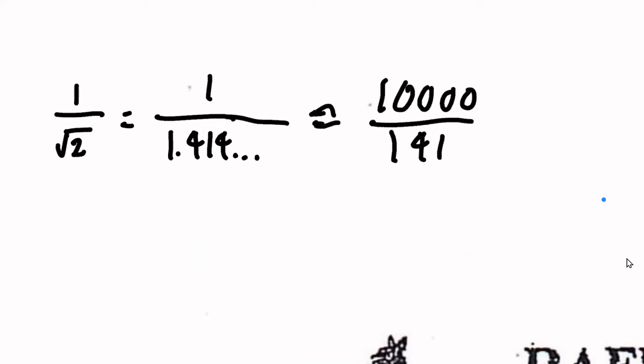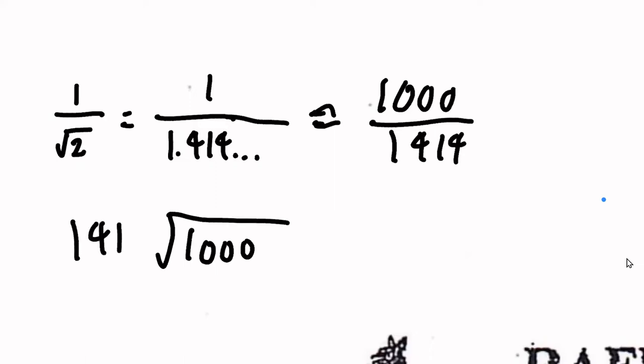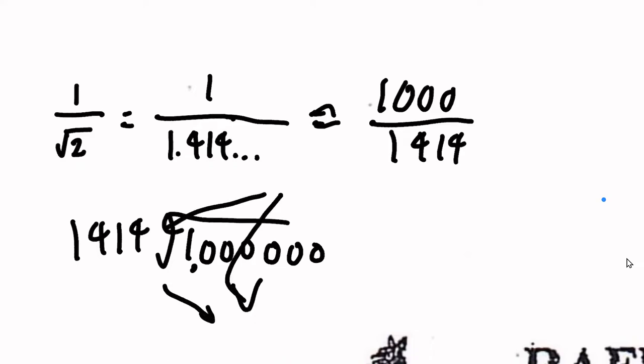If you approximate it, it's 10,000 over 1414. Oops, an extra 0. Then you have to do 1,000 over 1414. How do you do that? You have to memorize the 1414 times table. Then you must add on a few more zeros, then just keep on dividing. Long division.